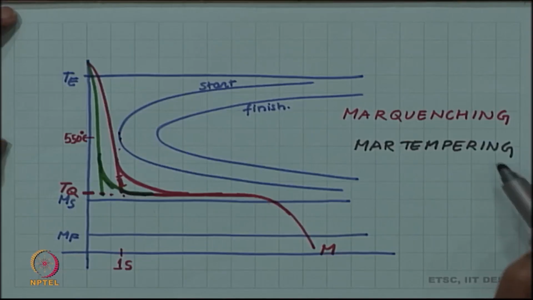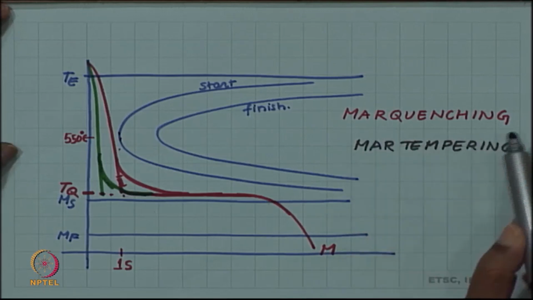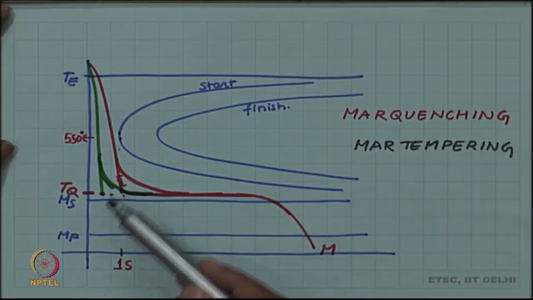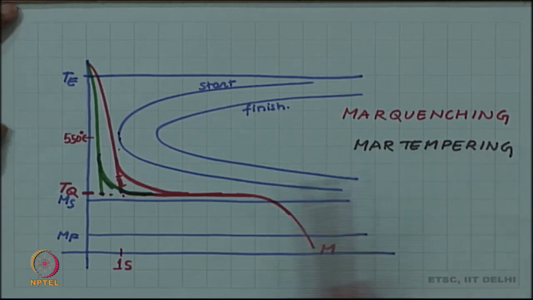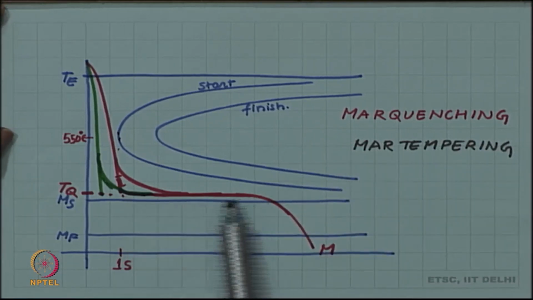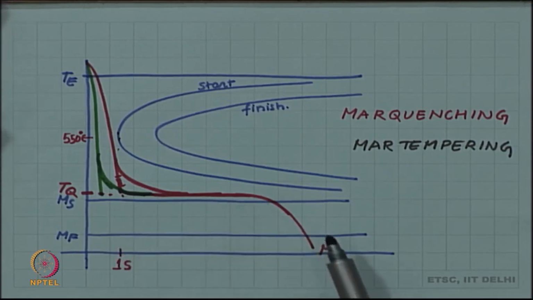Marquenching is also called Martempering. So, the two terms are synonymous, but Marquenching is a better term because quenching produces martensite, Marquenching also produces martensite. So, both are actually quenching techniques, only in Marquenching we are interrupting the quench above MS and then cooling it again, and this avoids the residual stresses and cracks as we saw.